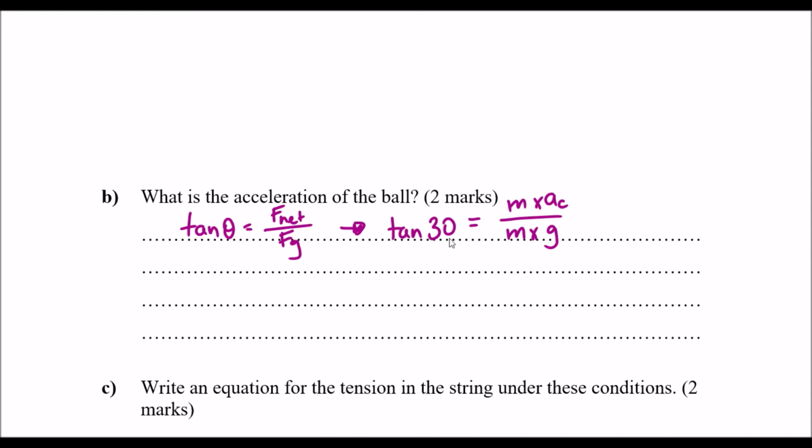Okay, so now what we can see here from this expression, these two m's will cancel each other out, and we're left with tan 30. We can move g over, because g is 9.8. Okay, so in which case tan 30 times 9.8 equals ac. So let's put that into our calculator and see what we can get.